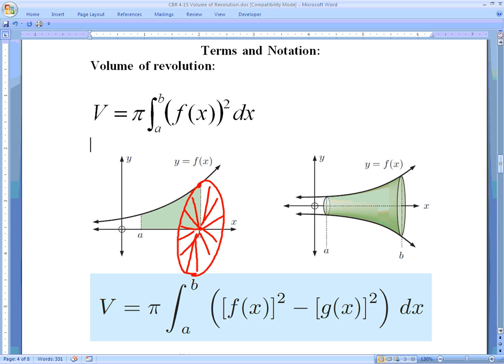You think of that y value, which is known as our f of x, and we do pi, which is a coefficient, and this y value, which is like a radius here, and we square it, pi r squared. That's all it is. But then through calculus, we essentially have an infinite number of circles being created, like we did with area. We're rotating all of those, and that ends up being volume.